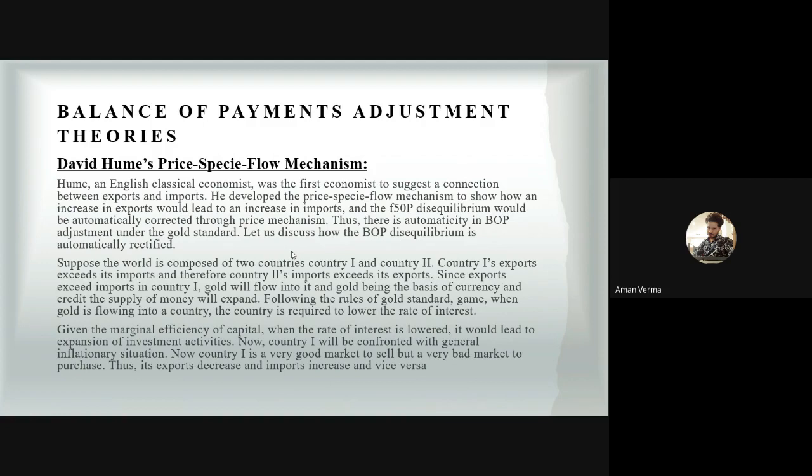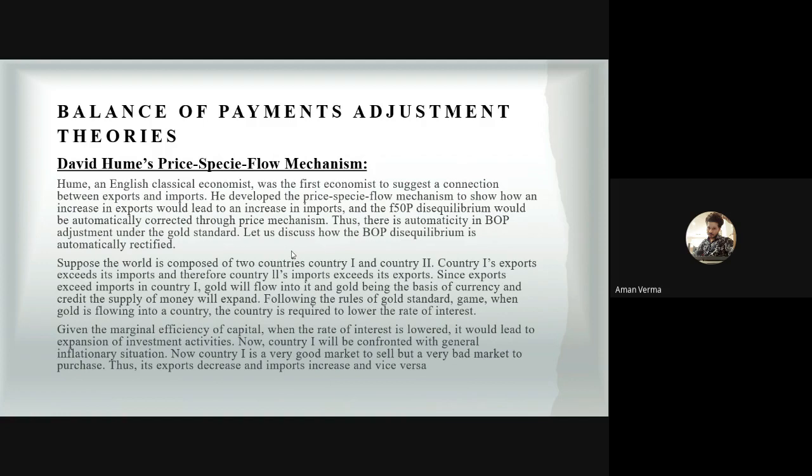Let us discuss how the balance of payment disequilibrium is automatically rectified. Suppose the world is composed of two countries, country 1 and country 2. This is basically an example. Country 1's exports exceed its imports, and therefore country 2's imports exceed its exports.